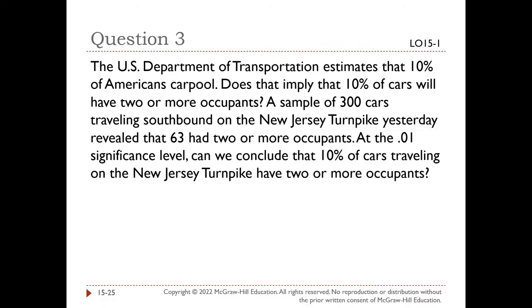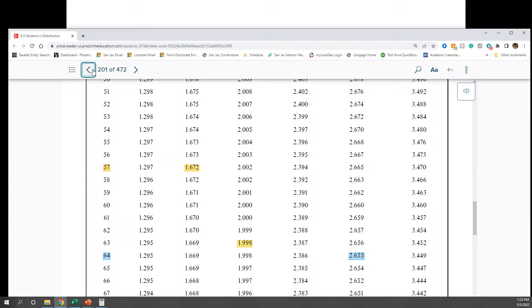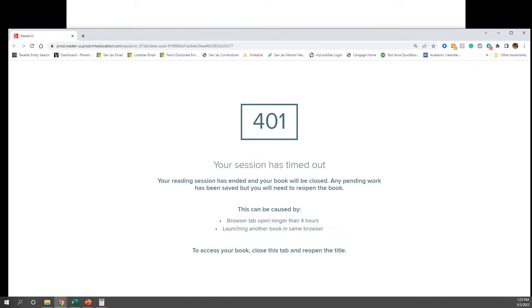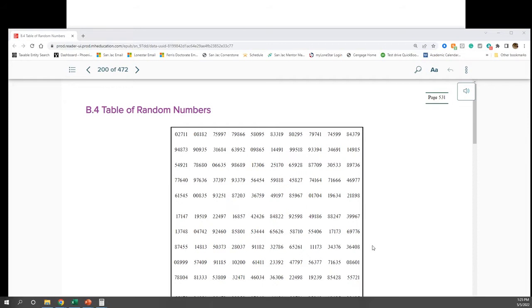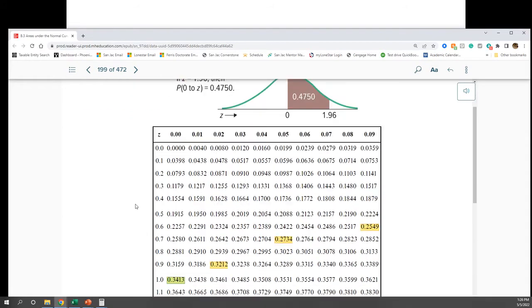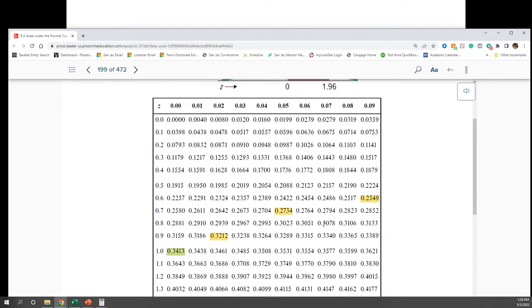So let's go find our chart. Okay, now that the book is reloaded, let's go to our Z table.